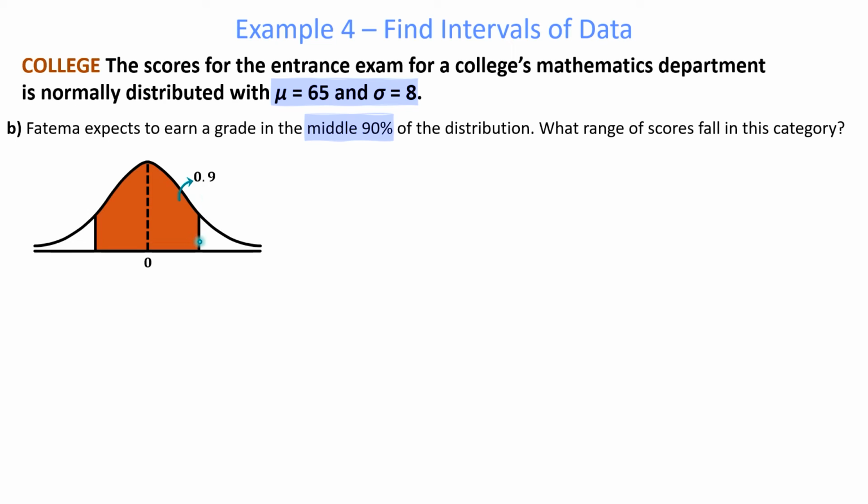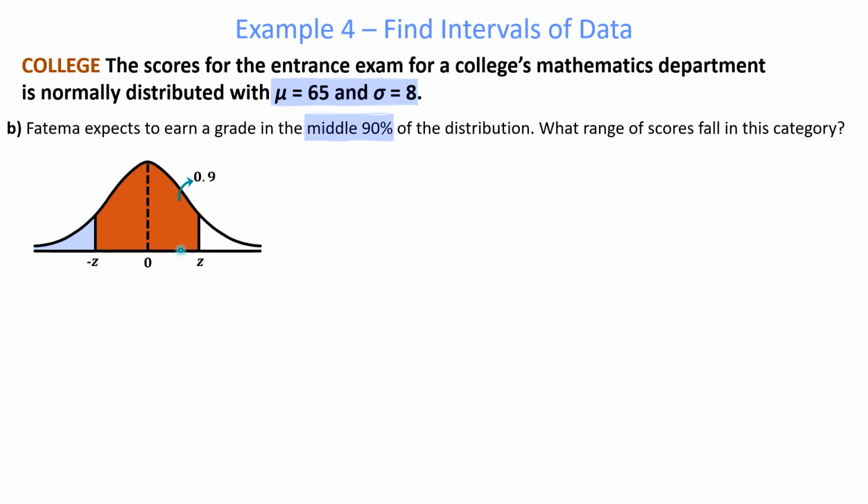Now, because they're the same distance away from the mean, that means their corresponding Z values will be the same, except one will be positive and one will be negative. And that's good because once we know one Z value, we can find the other by changing signs. Now, we want to use this Z value here. And to use the table of Z values, we want the area to the left of this Z value. So that includes this area that I've highlighted in yellow.